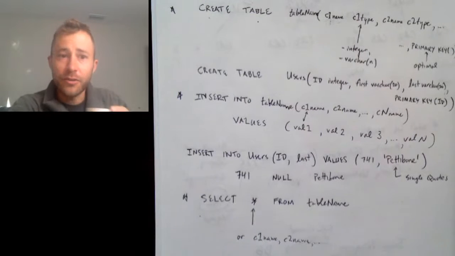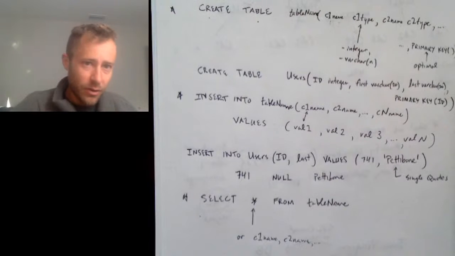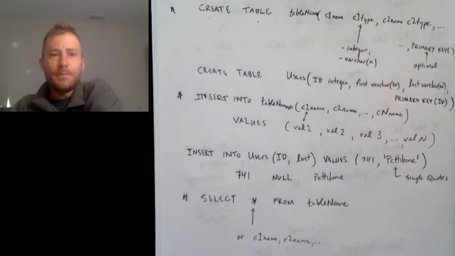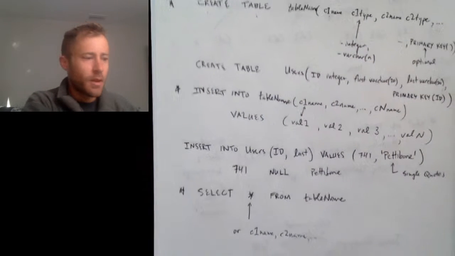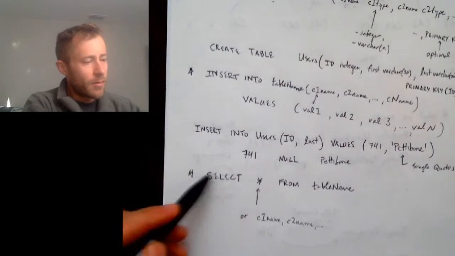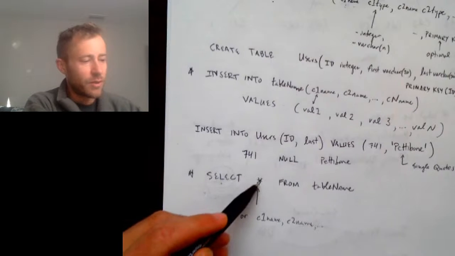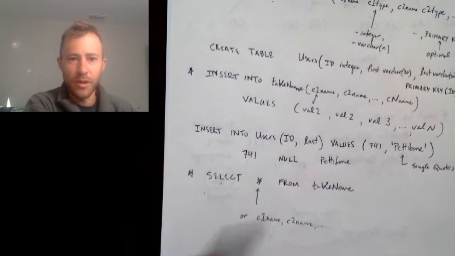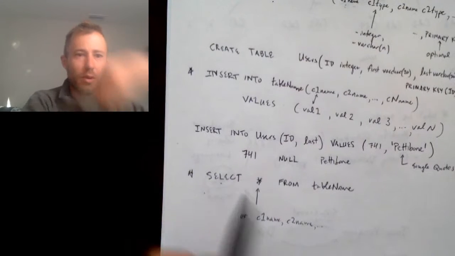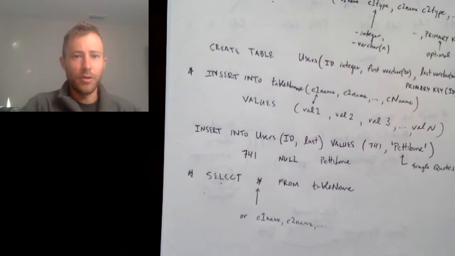So then lastly, we need to know how to query the database after we've added all this stuff. All right. And so the syntax is select something from table name. Now, if you just put an asterisk, it's going to pull everything, all the columns. But you don't have to do that.